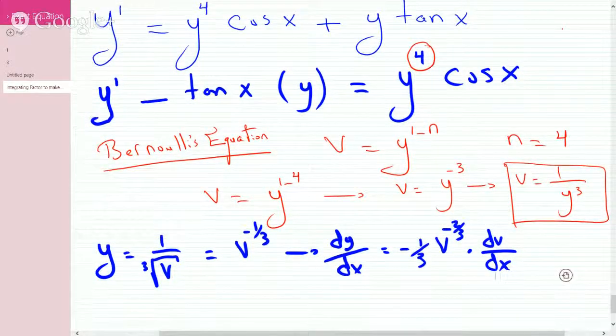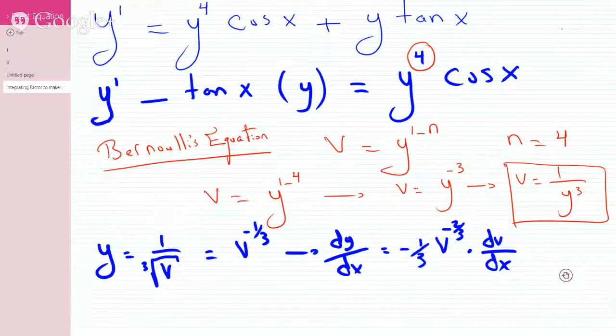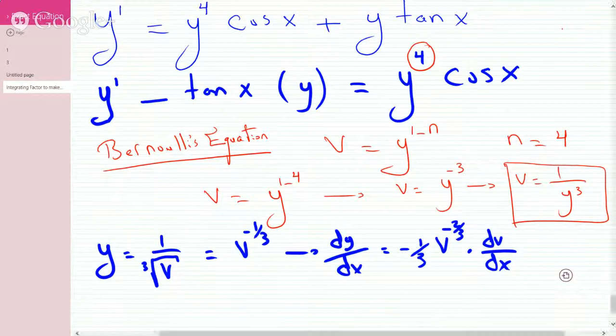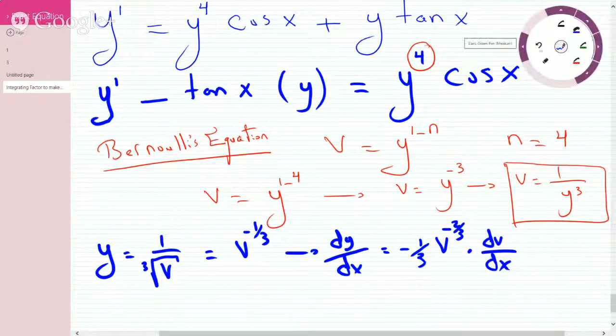Okay, and now we're gonna substitute into the original differential equation. So let's do the transformation.